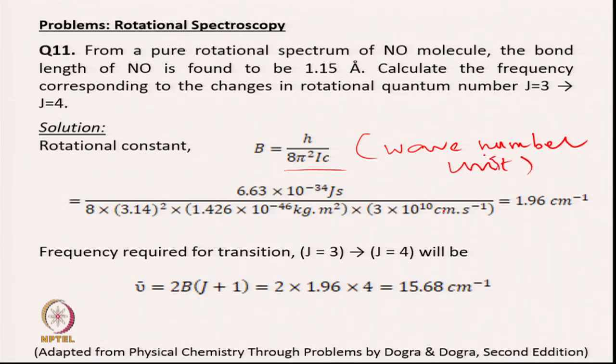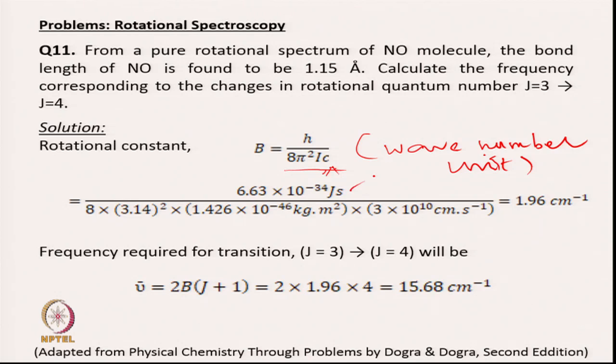If we want to express B in Hertz unit, then we just remove this c. So, now we can go ahead and calculate B, since we know the value of h, the value of c, and the value of I.